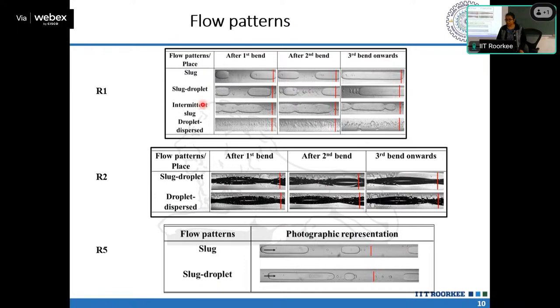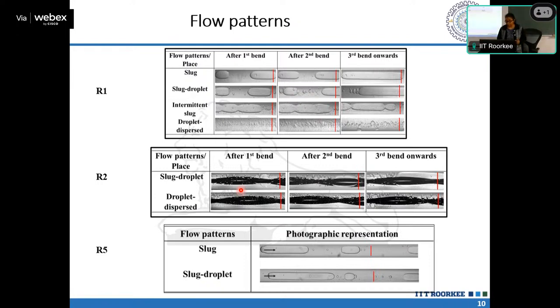This is called intermittent slug, and finally the droplet dispersed. As I mentioned earlier, nothing is very smoothly dispersed, but yes, you can have very fine droplets. Sometimes they join and try to form some bigger ones. That is what we call droplet dispersed. So this is for the first setup. Now when you inject a stainless steel wire, what will happen?